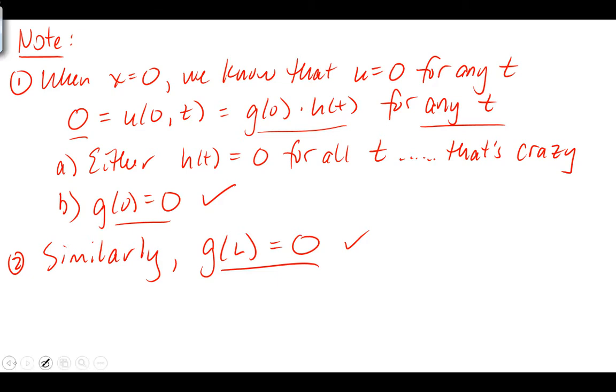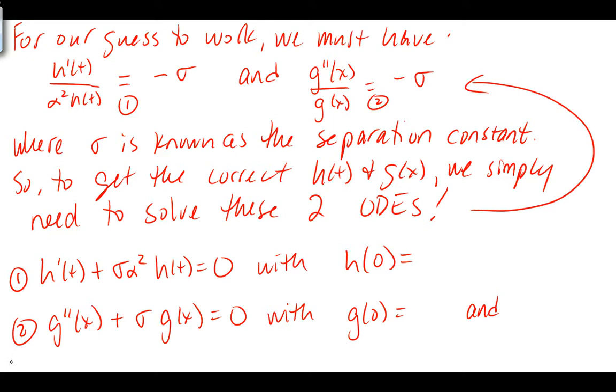So I'm going to go backwards right now and say, here's my ODE for g, and we just showed, I'll draw a little line here, that these two facts have to be true, and I bet this now looks like a complete second order ODE that we could solve.